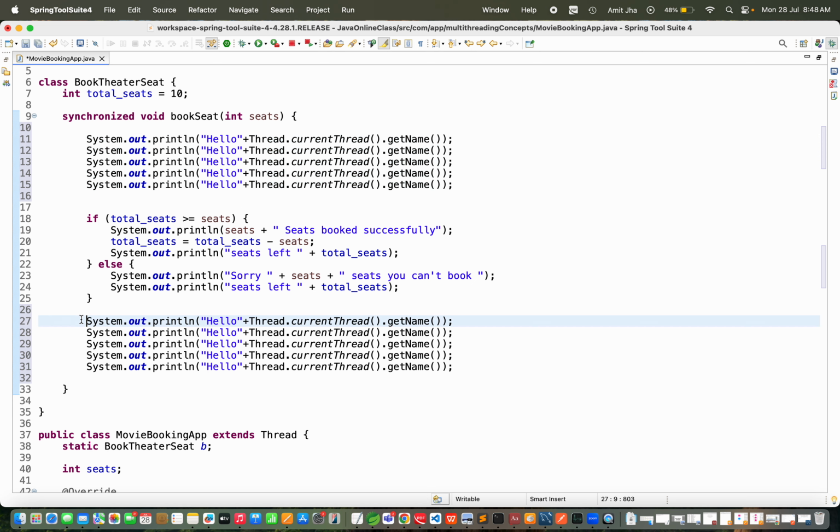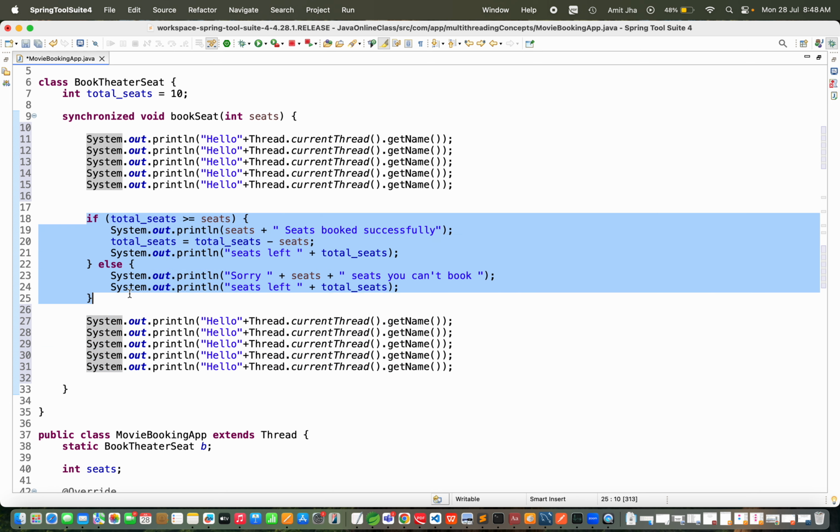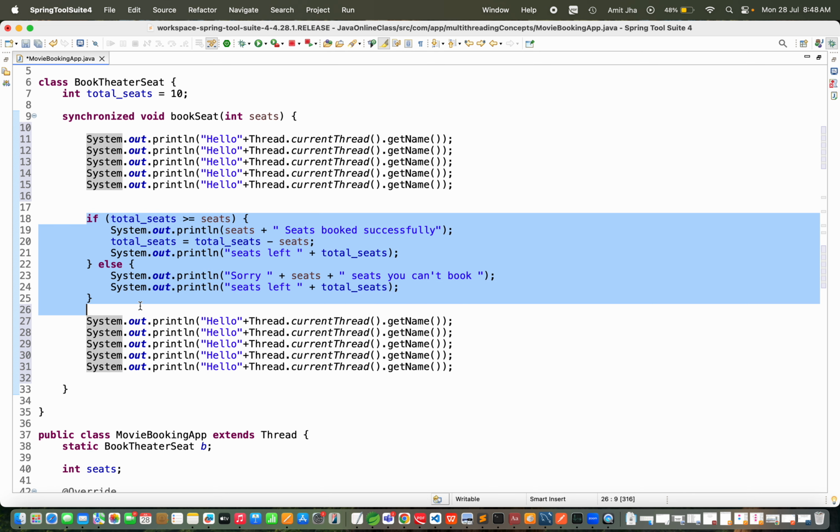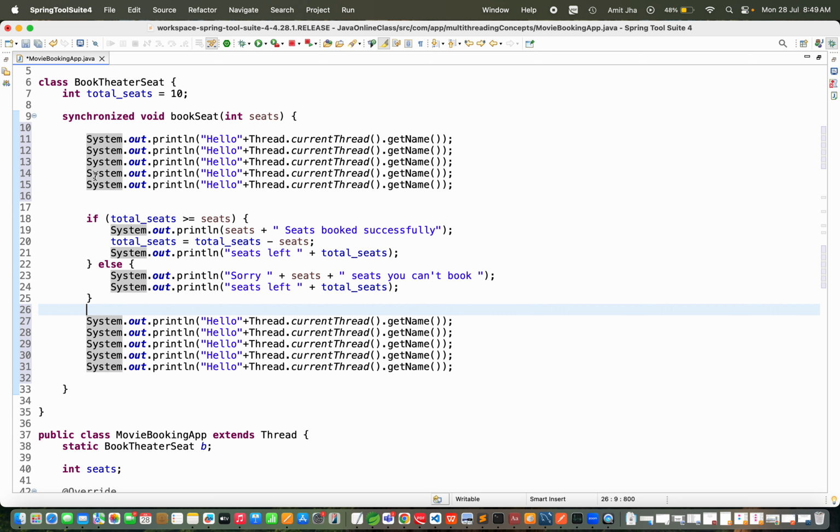Yes or no? The issue may happen only in this place, so you need to make this part synchronized. But unnecessarily our complete method is blocked. We need only this many lines synchronized, but unnecessarily we are keeping the other lines under synchronized too. That is a big disadvantage.